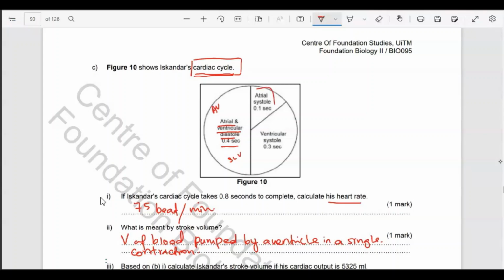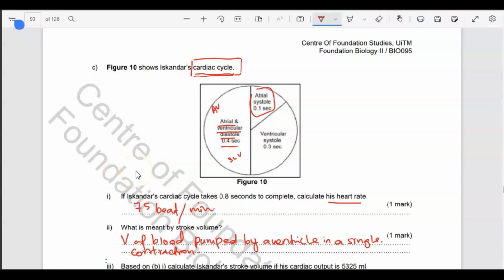During the second stage is when the atrial systole occurs and the ventricle relaxes. This takes about 0.1 second. The atria at this stage will contract to push all the blood in the atria into the ventricle.